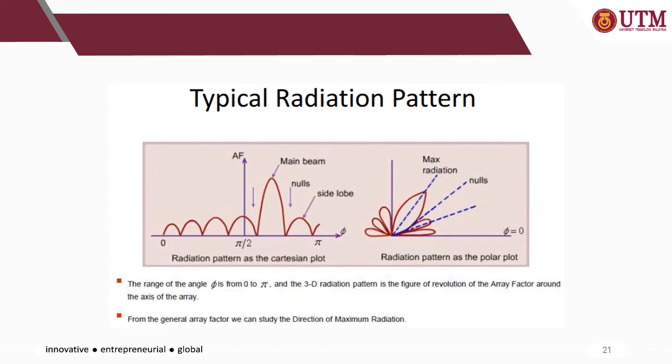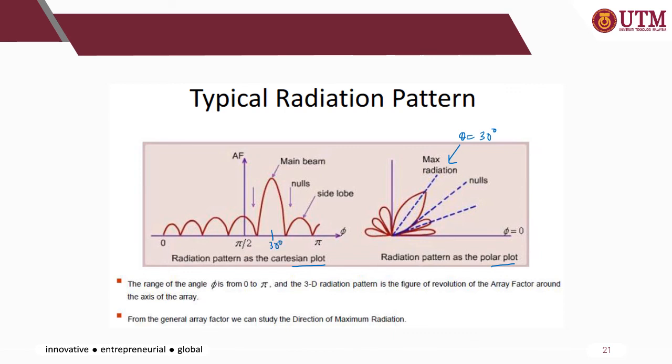Okay, as mentioned earlier, we can represent the radiation pattern either in a polar plot or in a Cartesian plot. For example, here the maximum beam occurs at this point, at theta equal to roughly 30 degrees.